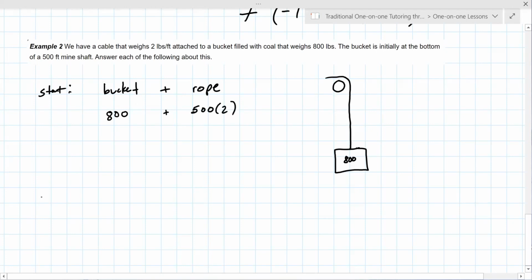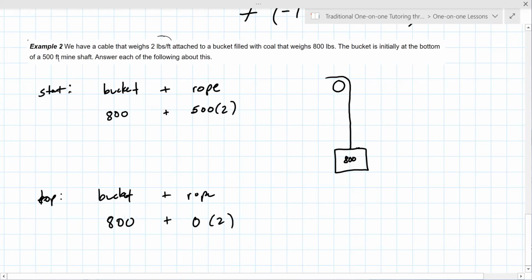And when the bucket gets to the top, you're still holding onto the bucket, but the rope weight goes to zero, not because of the density, but because the length of the rope is now 0 times 2. And you still have that 800.